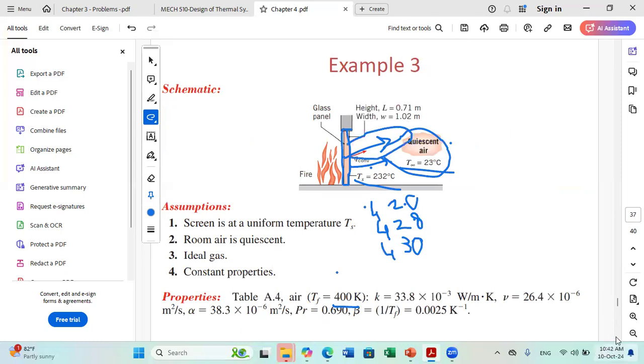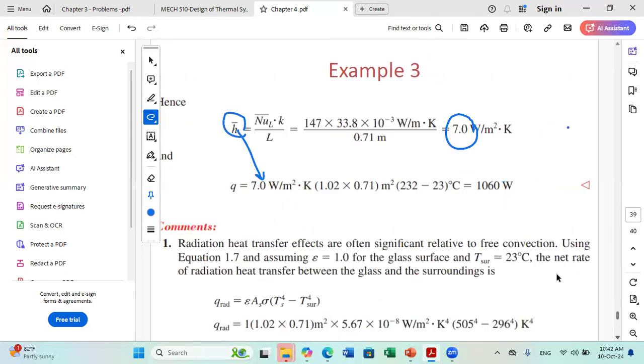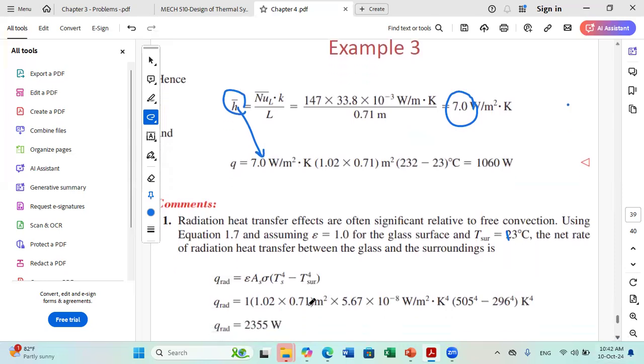And we can verify this from the calculation, because from natural convection, the heat is nearly 1060 watt. While if we consider an emissivity of 1, and for the area that we have, H times W, and we multiply by sigma times T surface to the 4 minus T surrounding to the 4, you get that Q radiation is nearly 2,355 watt.